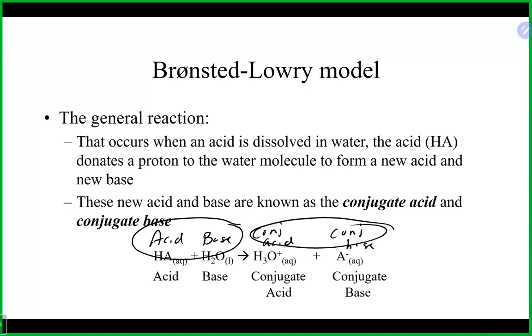Once again, the only difference between them is a 1 H plus difference, and it's that hydrogen that is being donated by the acid and accepted by the base. So that is the only difference for them to be pairs.